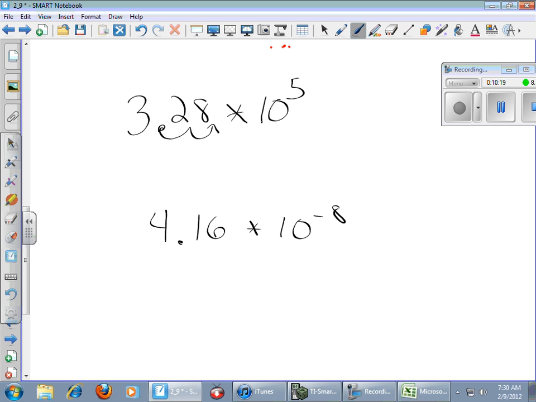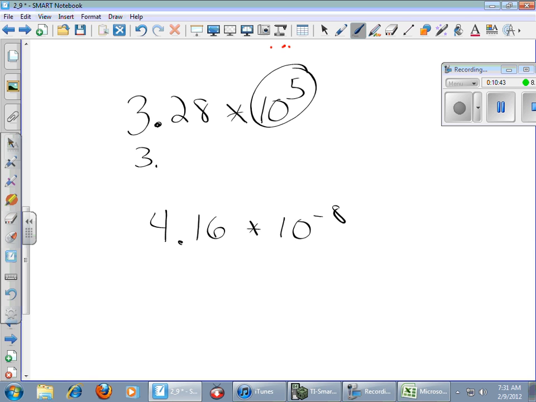Excuse me. Silly me. Sorry. I misspoke there. We have to multiply the 3.28 by 10 to the 5th. That's what we have to do. All right? So each time I multiply by a 10, the decimal point is going to move one place to the right.